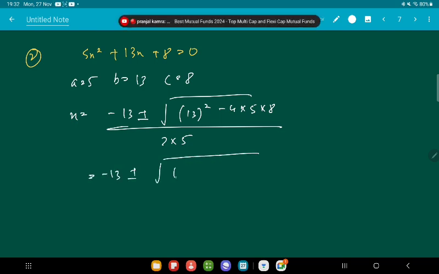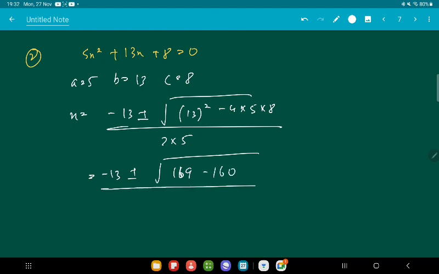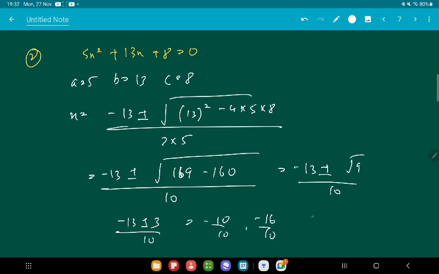Root 169 minus 160 by 10, plus minus under root 9 by 10, plus minus 3 by 10. Once you solve this, this is what you're getting: basically minus 1 and minus 8 by 5. This will be your final answer.